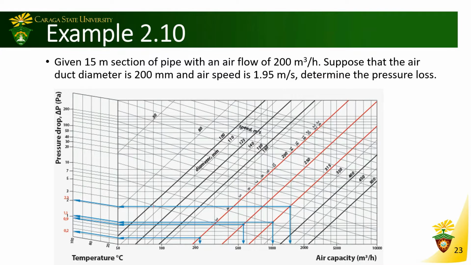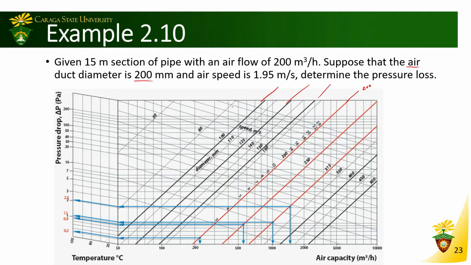These lines represent diameter. Lines aligned this way represent the different sizes for the diameter of the pipe. So if we're looking for an air duct with a diameter of 200 millimeters, then we're looking at this particular line here, since this is representative of the 200 millimeter diameter air duct.